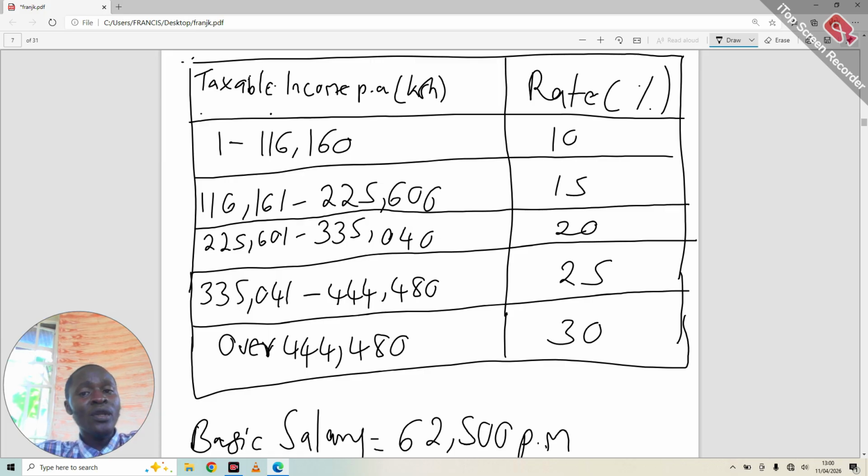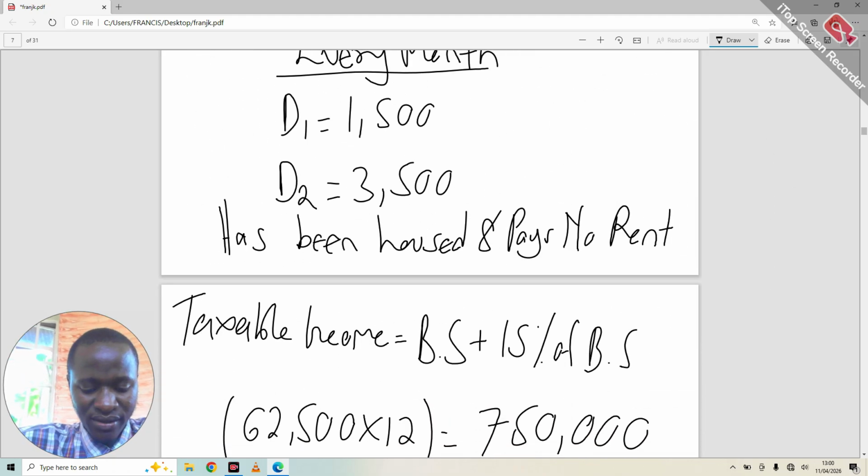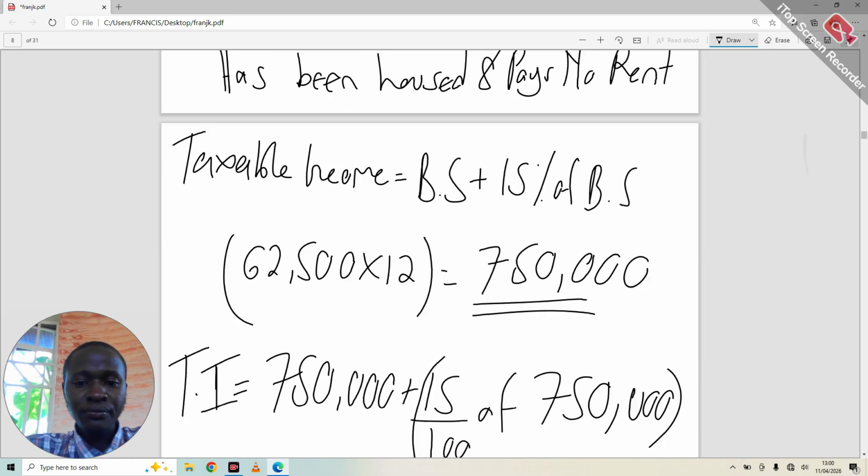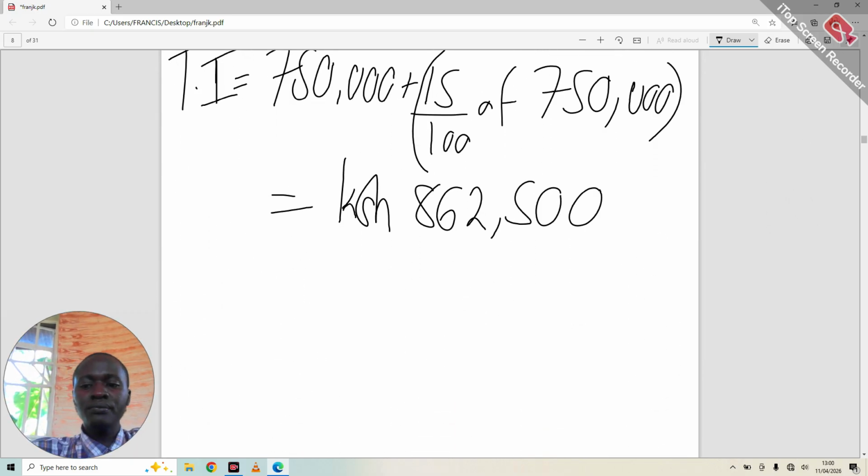So that means we shall tax Gitau using the whole table. So let us begin. Let us start.